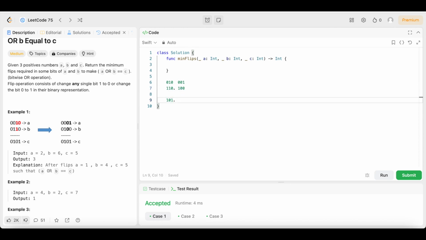So really, for this to be correct, we would have to flip this 0 into a 1, which would be 1 flip. We would have to turn this 1 into a 0, which would be 2 flips. And we would have to turn this 1 into a 0, which would be a third flip.